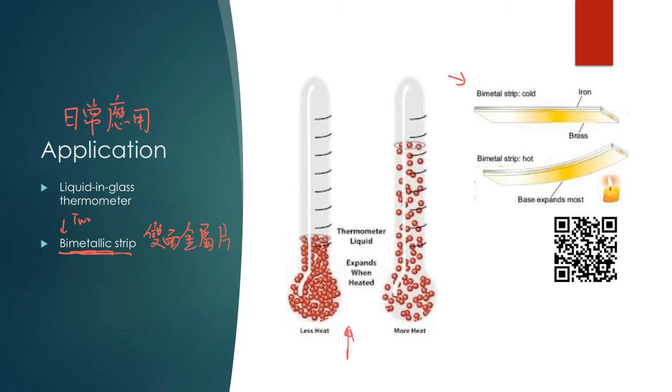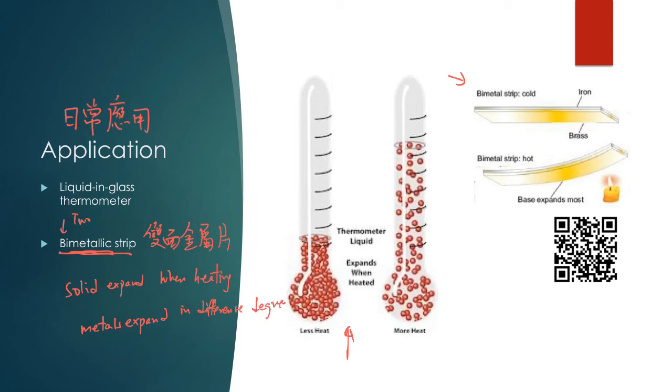Okay, so just now we have mentioned a solid would expand when we heat it. However, not all the metals, not all the substances, expand to the same degree. So metals expand in different degrees.